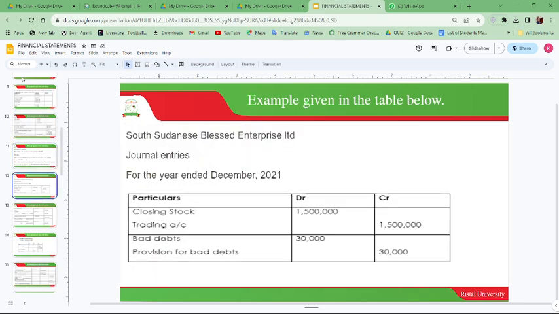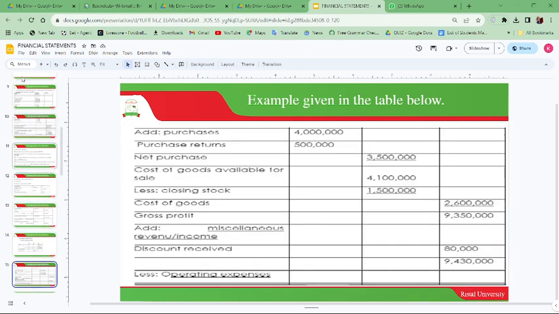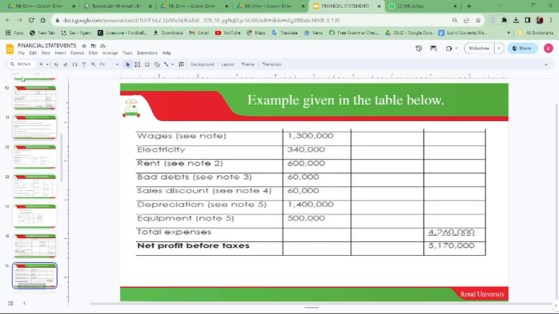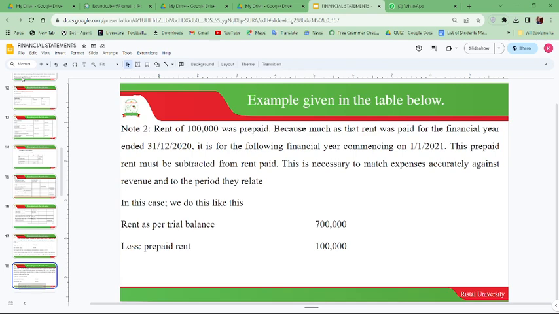So to come up with the rent for that year, you get rent as per trial balance, it is 700.